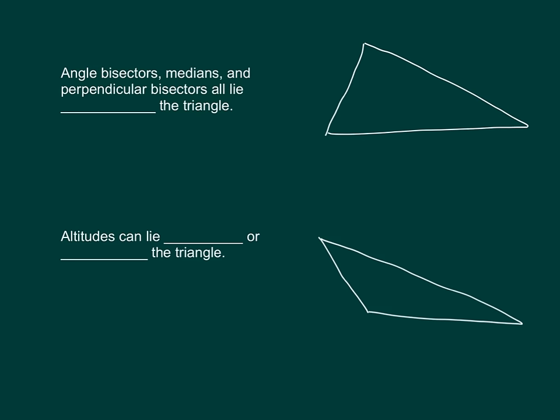Okay, so let's look at some other important things that we should know. Angle bisectors, medians, and perpendicular bisectors are all going to lie inside the triangle. Now let's see why. If I draw my angle bisector, that's going to come right through here to make this congruent to this. So this guy here is my angle bisector.